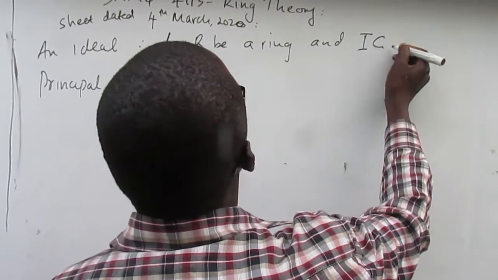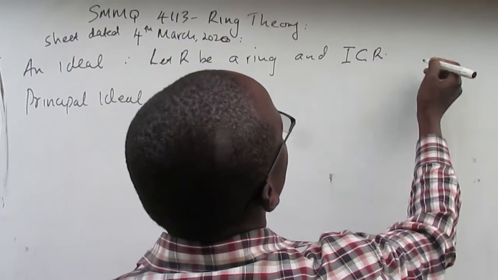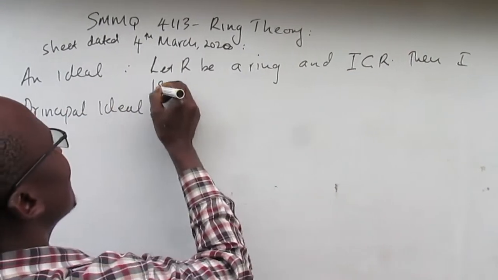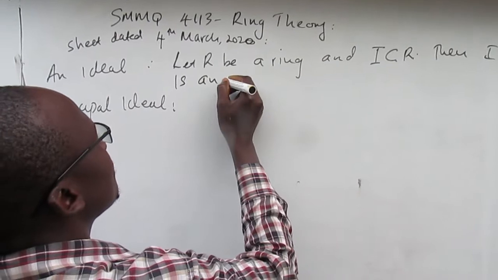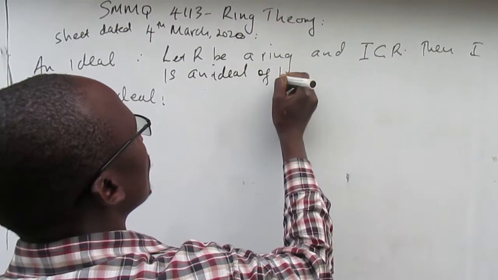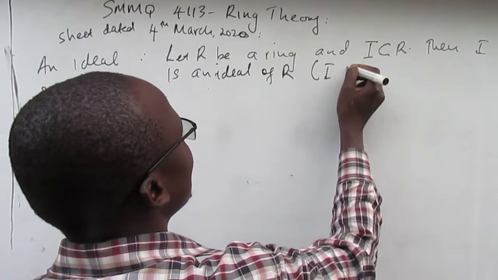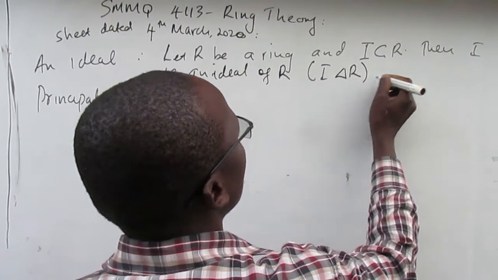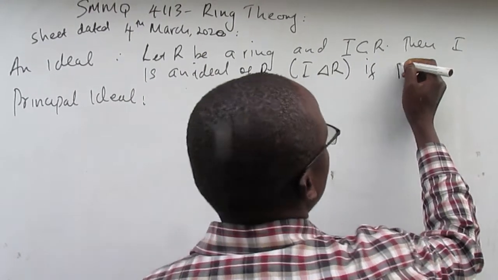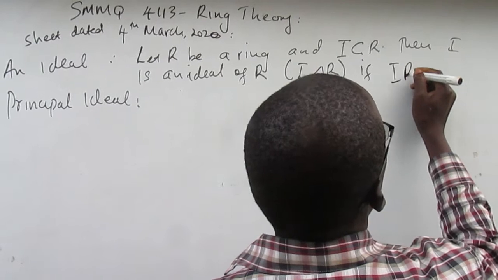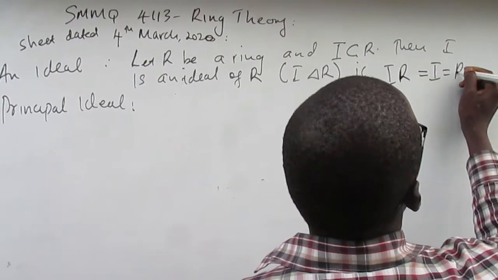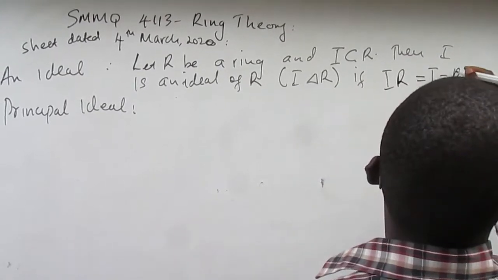So we take a subset I of R. Then we say that I is an ideal of R, and the notation is this, if IR is equal to I is equal to RI.